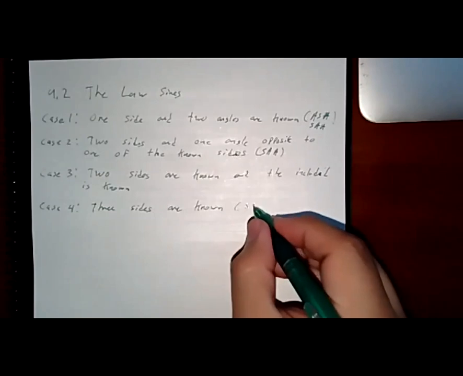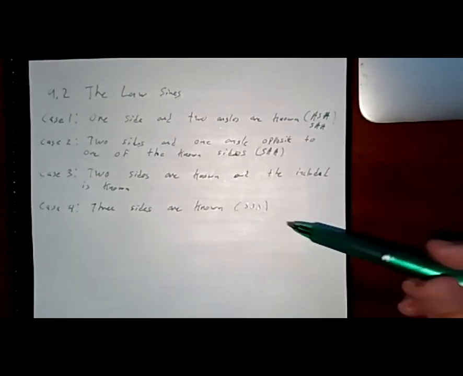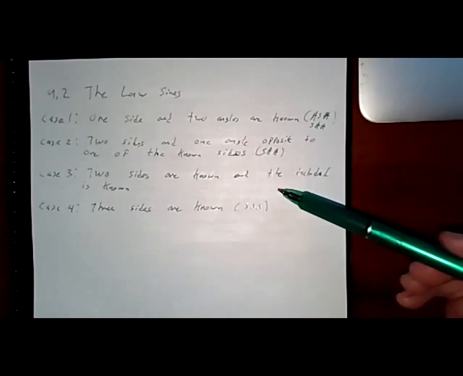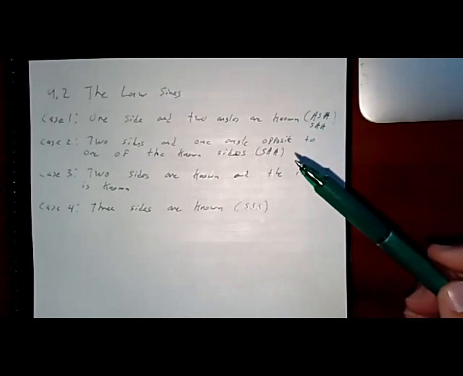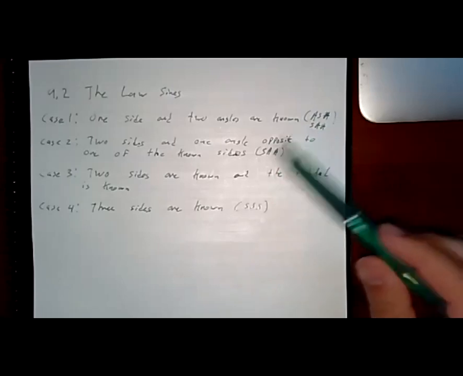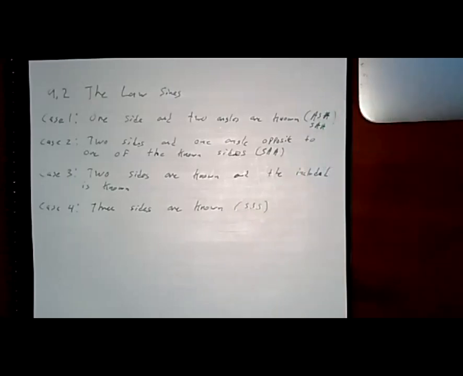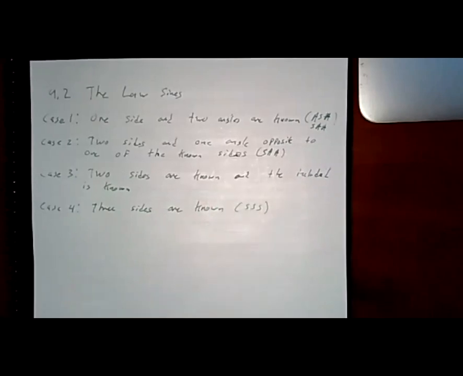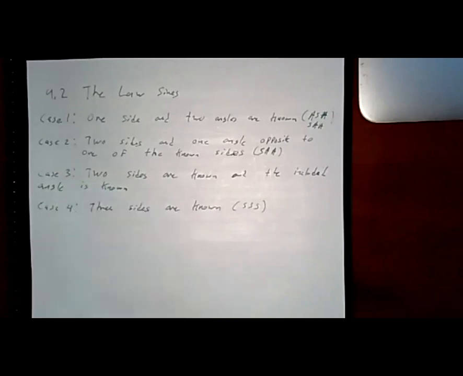We call that SSS. So if you only have sides and no angles, it's law of cosines. If you have two sides, but the angle is not opposite to any of those two, then that's also law of cosines. So 3 and 4 cosine, 1 and 2 sine. What does case 3 say? Two sides are known and the included angle is known.